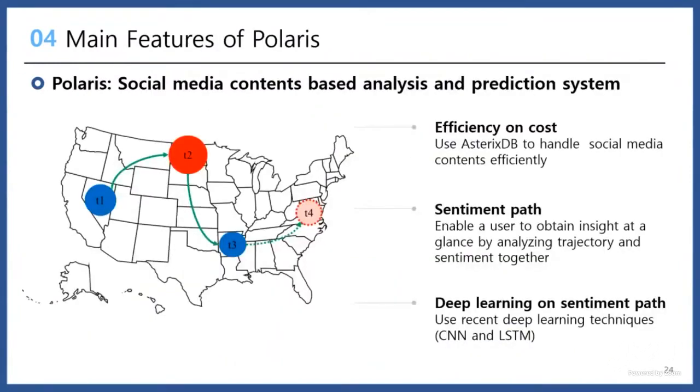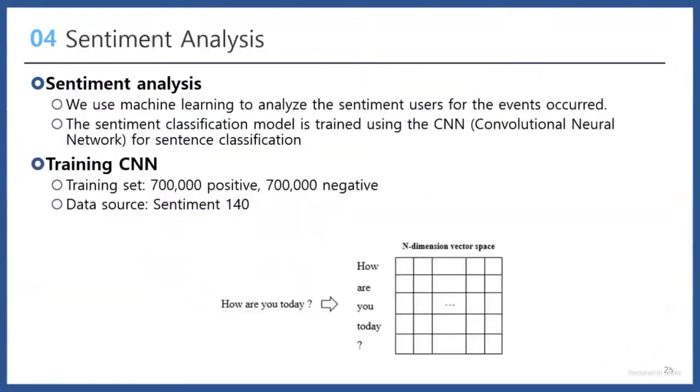The main features of the Polaris system are efficiency on cost, sentiment path, and deep learning on sentiment path. For sentiment analysis, we use machine learning to analyze the sentiment of users for the event that occurred. The sentiment classification model is trained using a CNN for sentence classification.